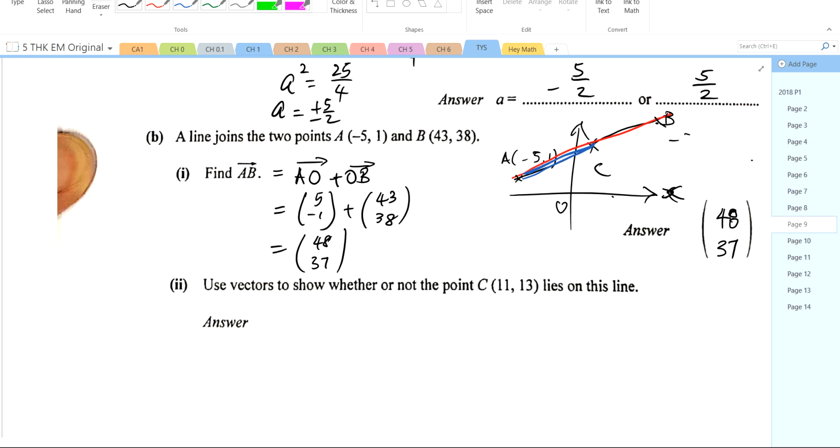One more piece of information. And you all can provide the information also. What else must I need in order to show that they are on the same line? Parallel, already said. These two parallel. I find a gradient, I show that they are parallel, can.